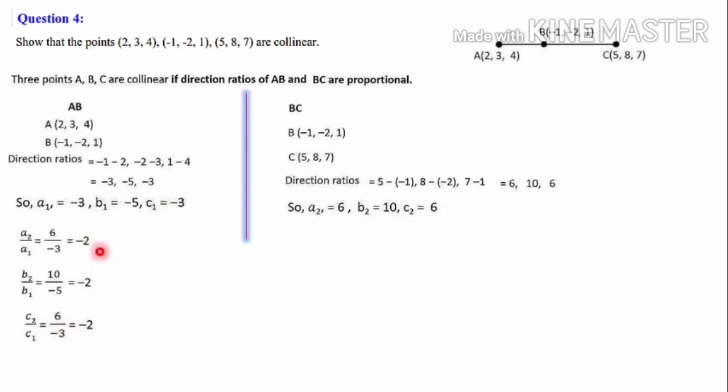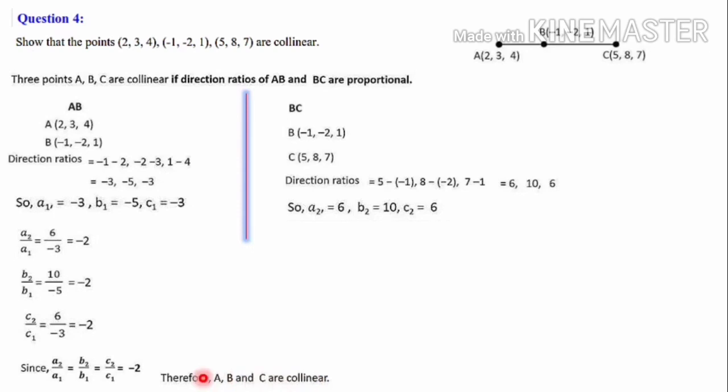So these ratios are the same. A2 by A1 equal to B2 by B1 equal to C2 by C1 is equal to -2. All their ratios are the same. Therefore A, B and C are collinear.